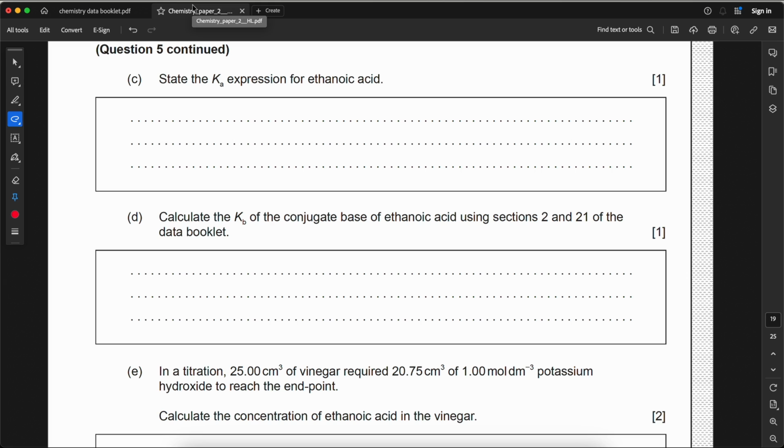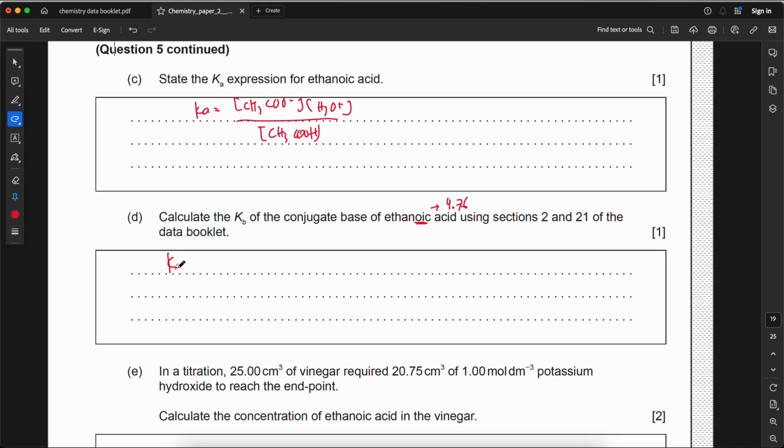State the Ka expression for ethanoic acid. So that is Ka equals CH3COO minus and H3O plus, over CH3COOH. Okay, calculate the Kb of the conjugate base of ethanoic acid using sections 2 and 21. So Ka of ethanoic acid, if you refer to section 21, the pKa would be 4.76.